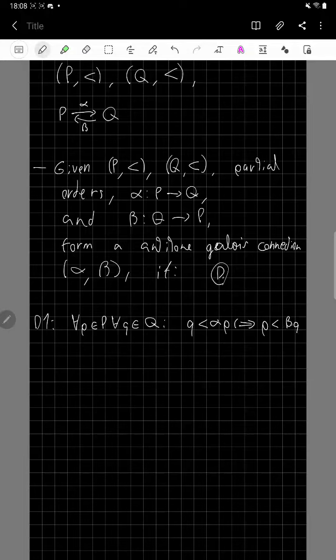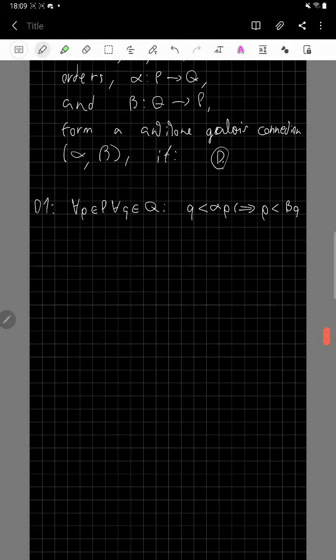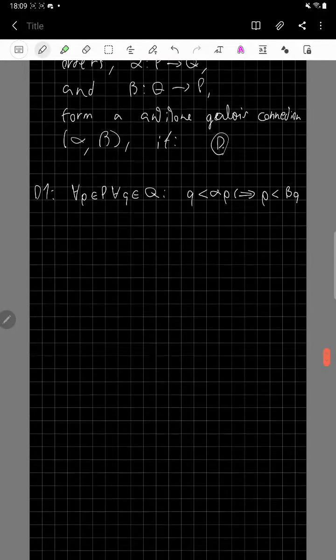So we can swap p and q. This is one definition, which maybe is a bit weird because they swap around.